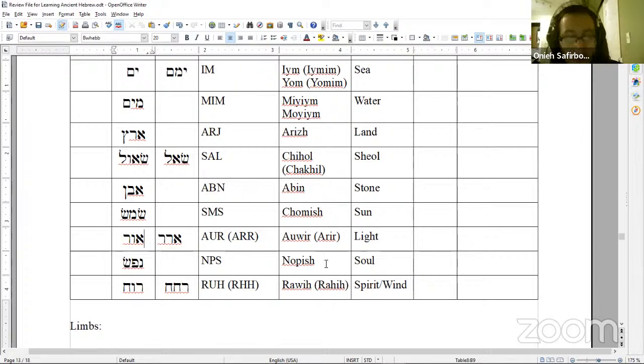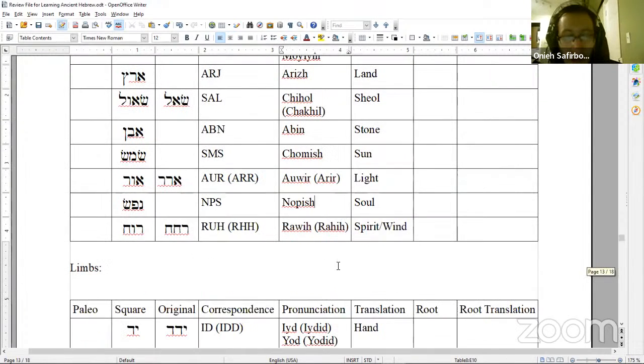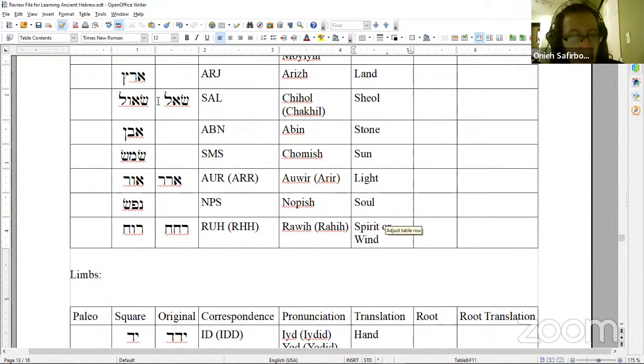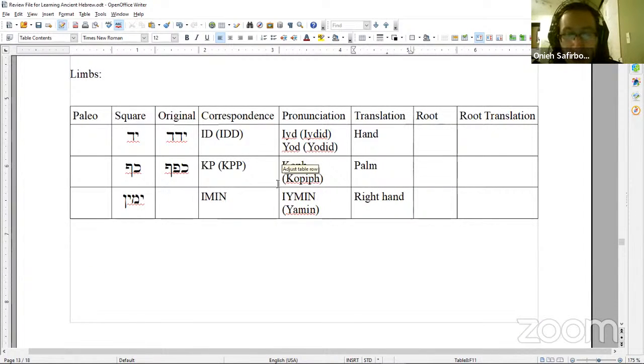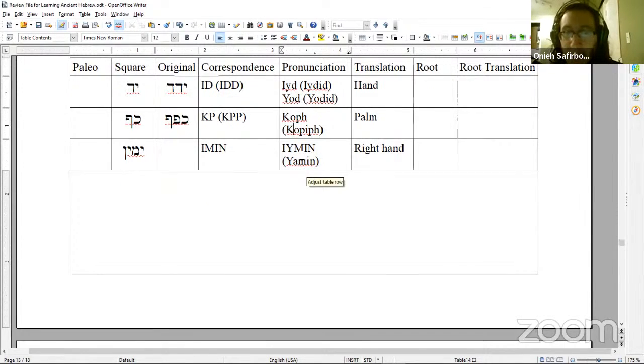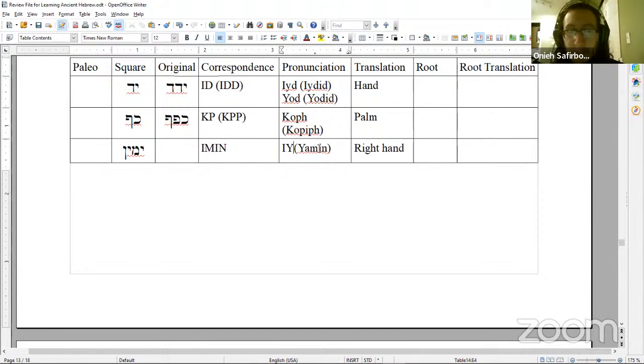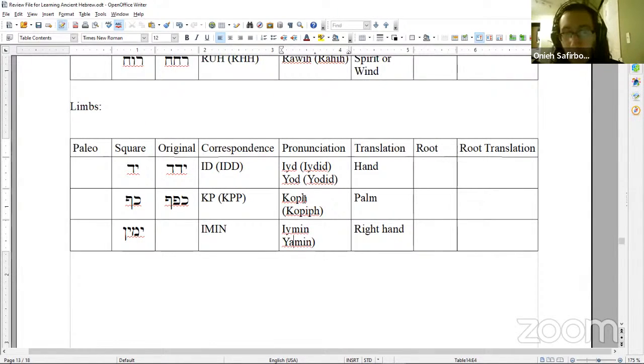Napish, soul. Rawa, originally Racha, spirit or wind. Limbs, we have Eid, originally from Edid, hand. Kaf, originally from Kapif, palm. And Eman, or yad. It means right hand.